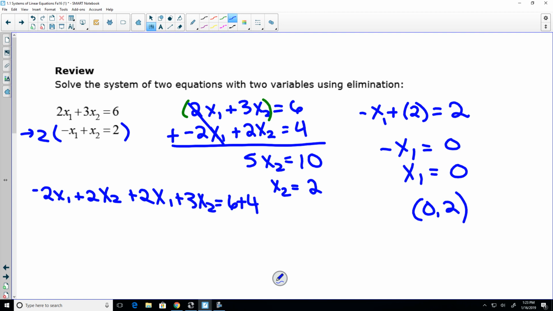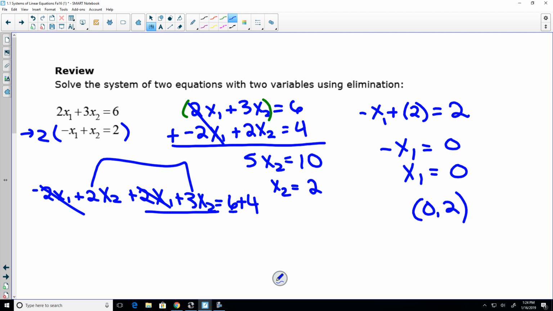If you just added 6 to both sides, that's equal to 6, and that's equal to 6. You cancel those out and combine those together, you get 5x2. So again, adding one equation to another, as long as you keep the sides on the right sides, as long as you stack them up like this and add them that way, it's going to work.